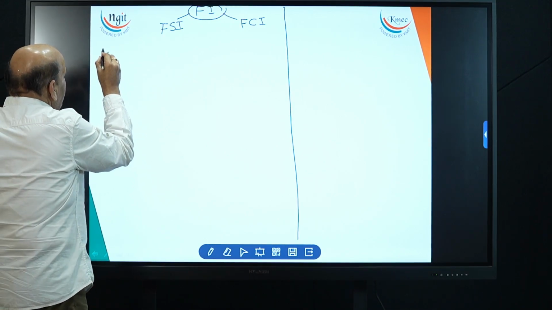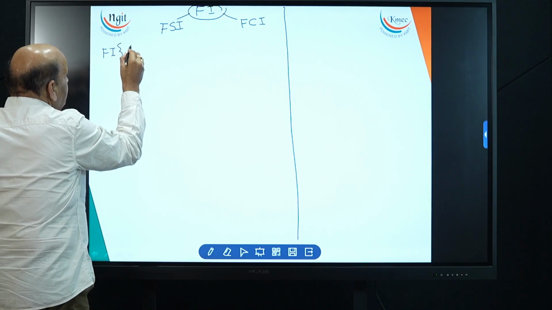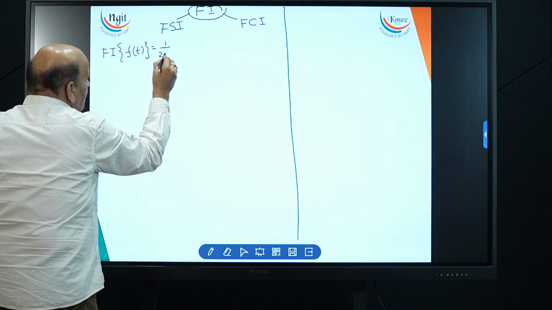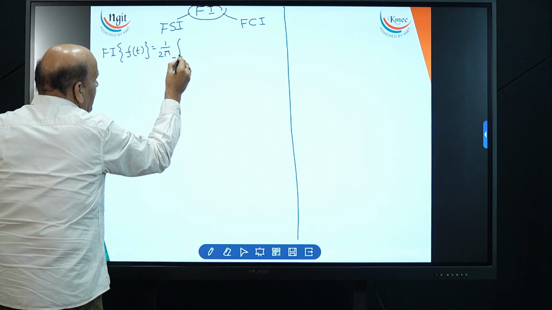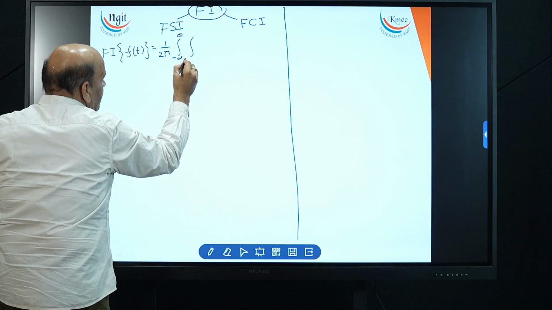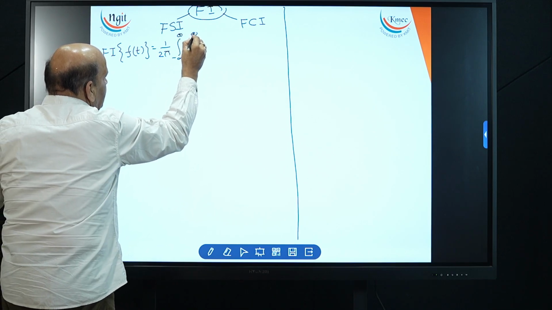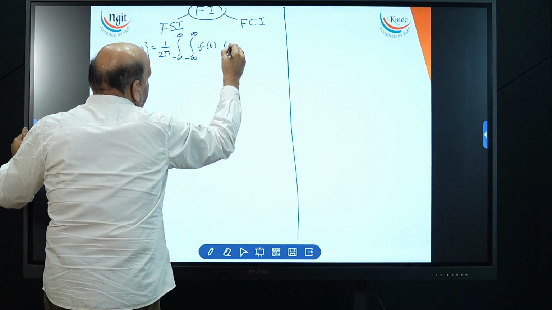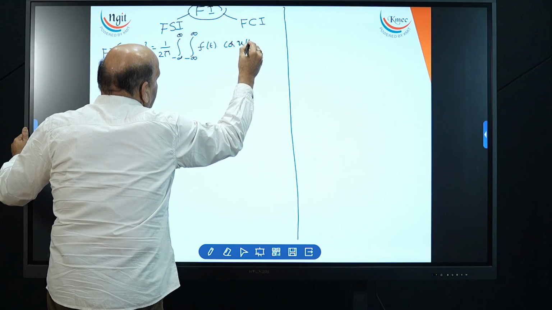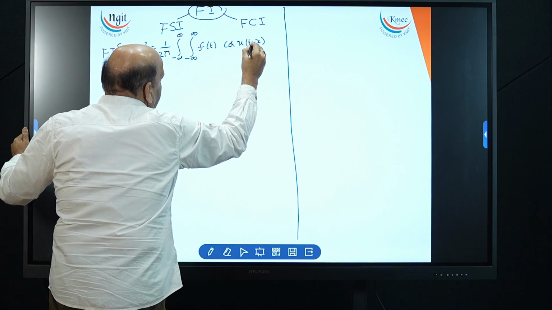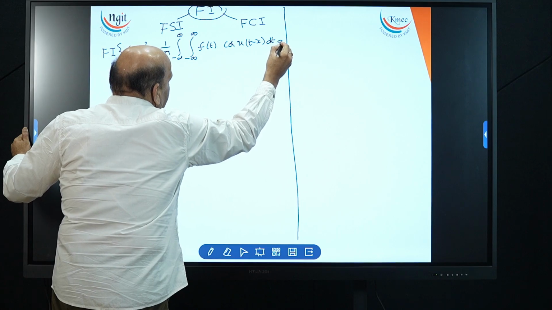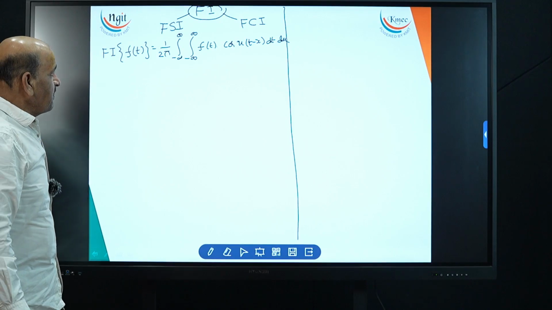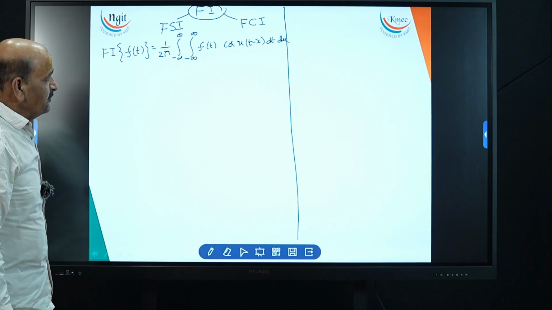Now, the Fourier integral of any signal or function f of t is equal to 1 by 2 pi integral minus infinity to infinity and minus infinity to infinity, the function f of t into cos u of (t minus x) dt du.